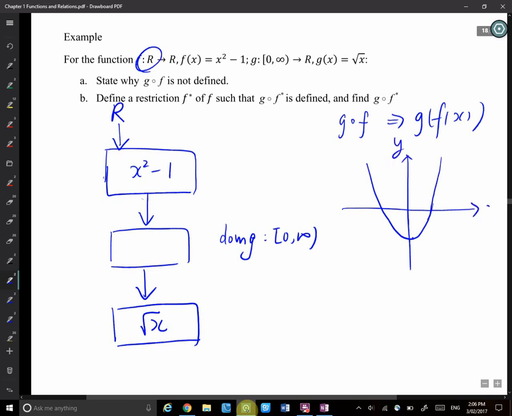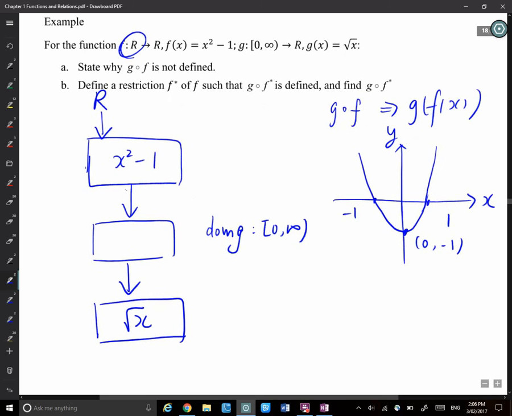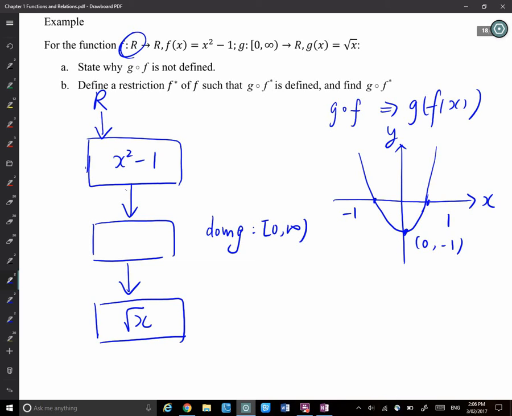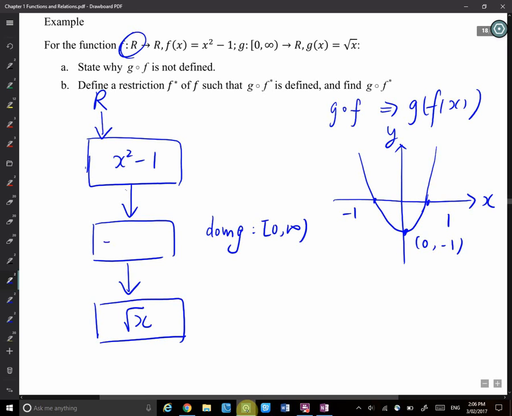If you sketch it, that's the turning point form. This is 0, negative 1. That is 1, negative 1, and that is 1. Should label as coordinates form, but I have no space. Just keep like that. What's the range for this graph? Range? Negative 1 to infinity. Okay, I have negative 1 to infinity coming out.